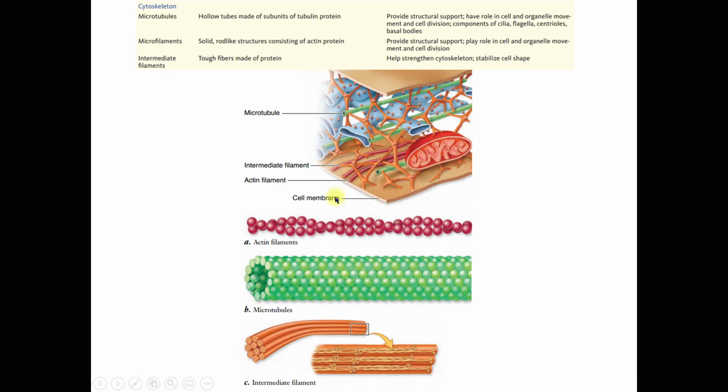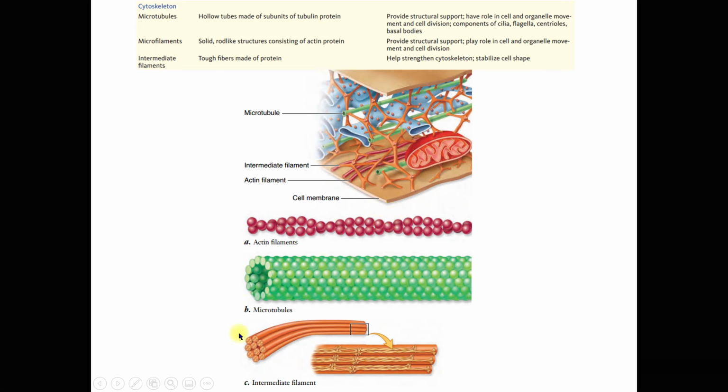Next, the microfilaments, also known as the actin filaments, are solid, rod-like structures consisting of actin protein. These microfilaments provide structural support, very similar to the microtubules. And apparently these actin filaments play a role in cell and organelle movement as well as cell division.